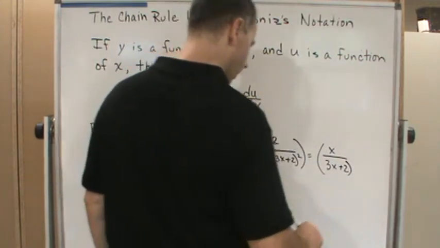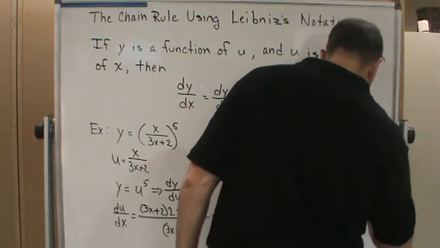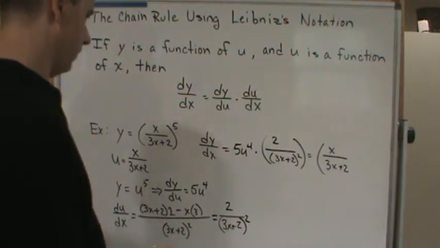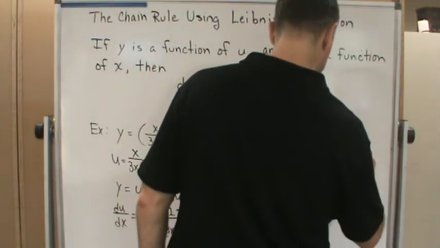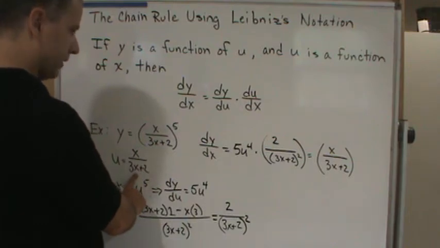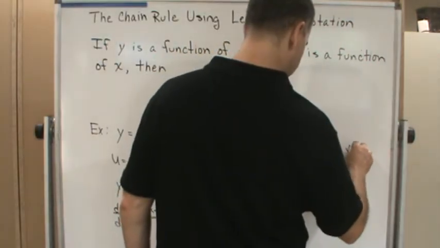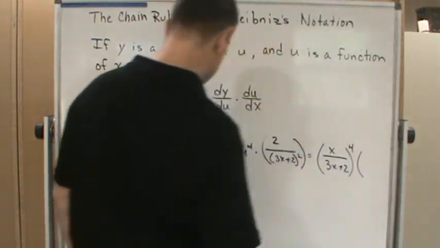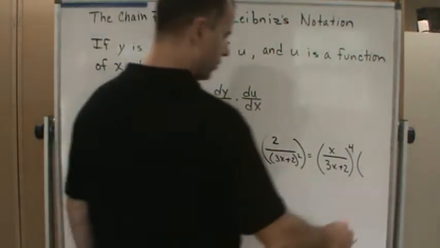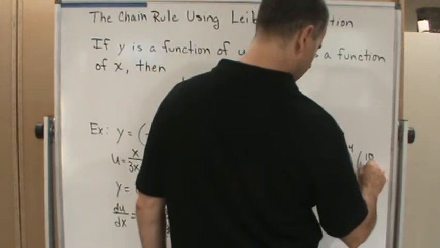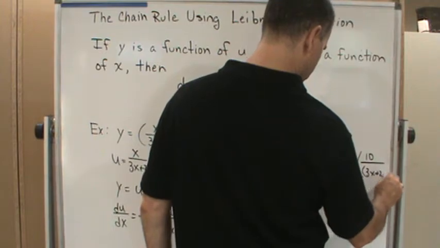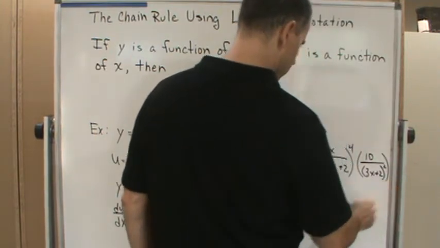So we get this to the fourth power times, now this 5 can be multiplied with that 2, so we get 10 over the quantity 3x plus 2 squared.